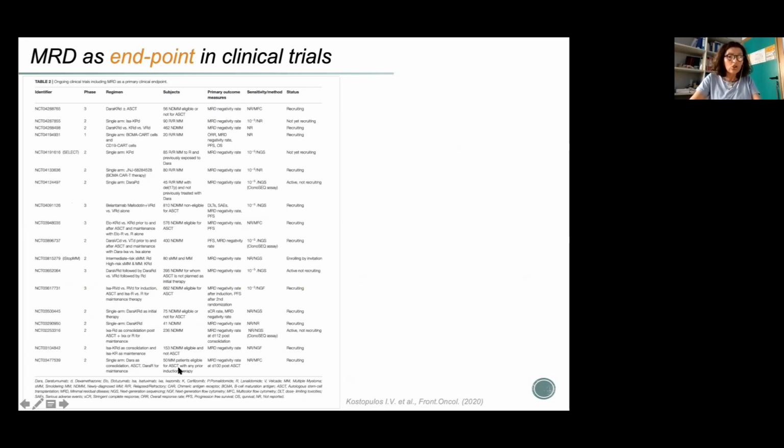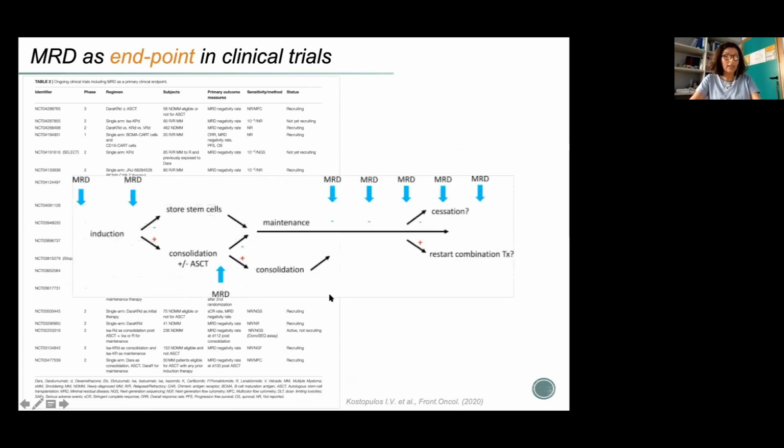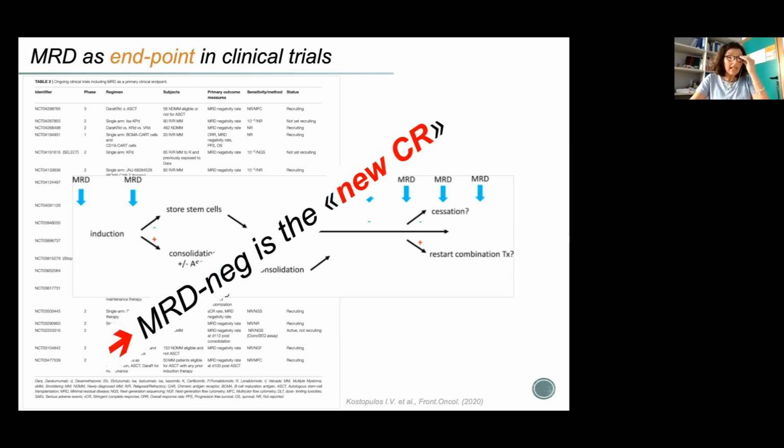This slide shows the most recent active clinical trials testing minimal residual disease at critical points during the therapy of myeloma, that is in induction, during transplant, and on maintenance, and more importantly, are using MRD negativity as a clinical endpoint, emphasizing its critical role as compared to complete response as evaluated by conventional parameters, which used to have this role just a few years ago.